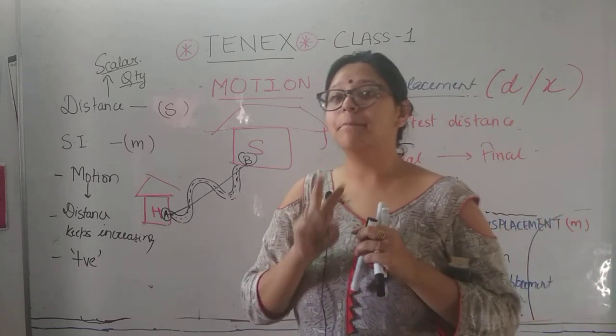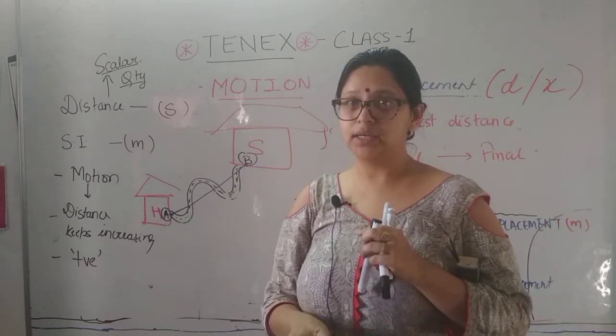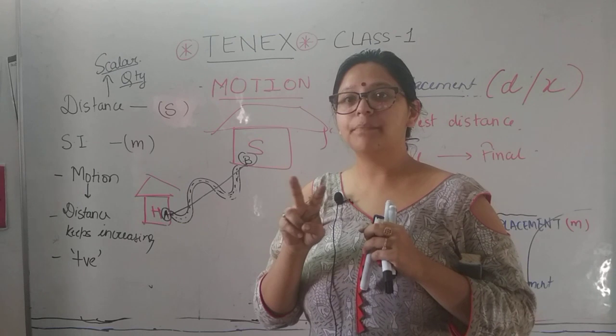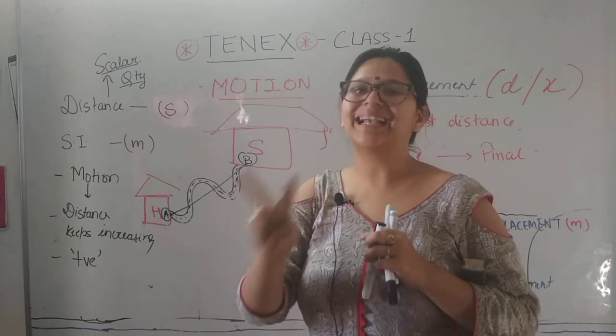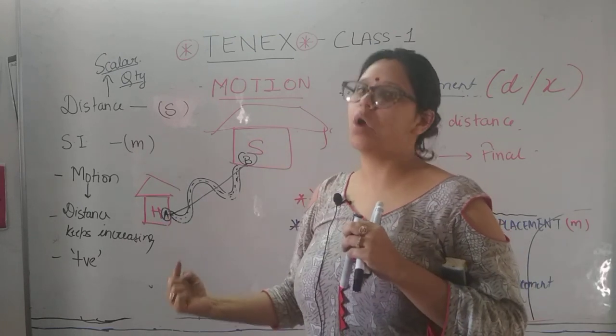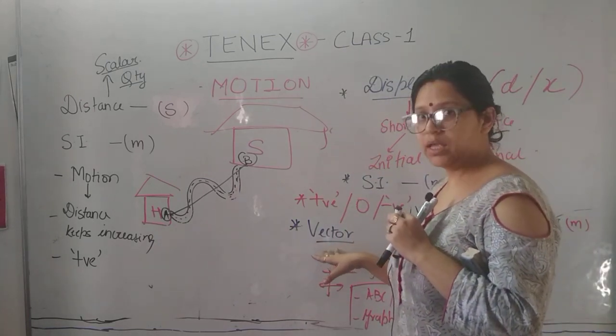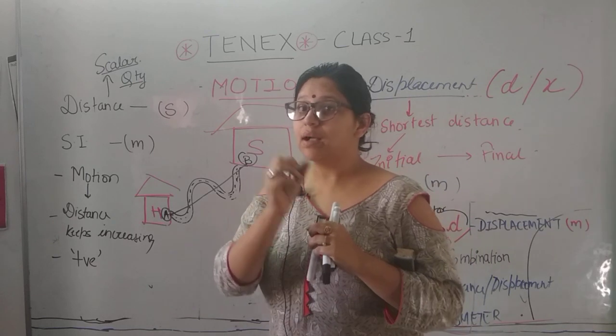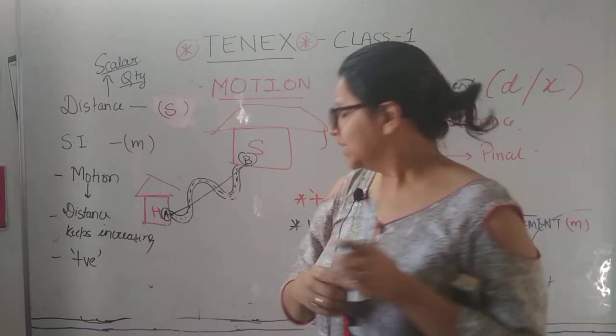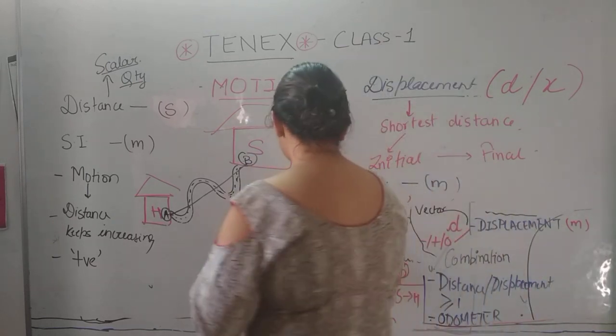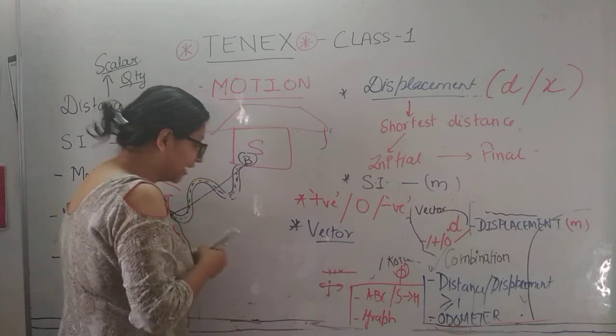So when I can measure two different magnitudes using the same quantity, then it will be called a vector quantity. So guys, vector quantity का बहुत अच्छा example है displacement. Displacement always has a sense of direction.